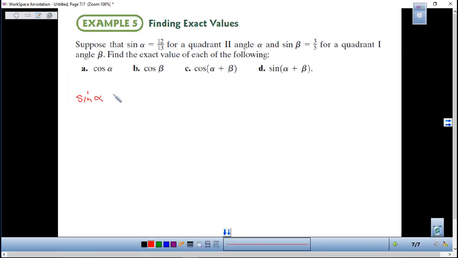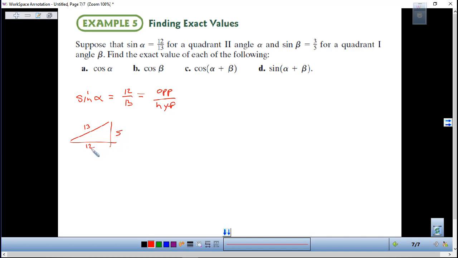Sine alpha equals 12 over 13, which is opposite over hypotenuse. So that means our other side, if we draw this out, 12, 13, is going to be 5. You could do the Pythagorean theorem if you need to.